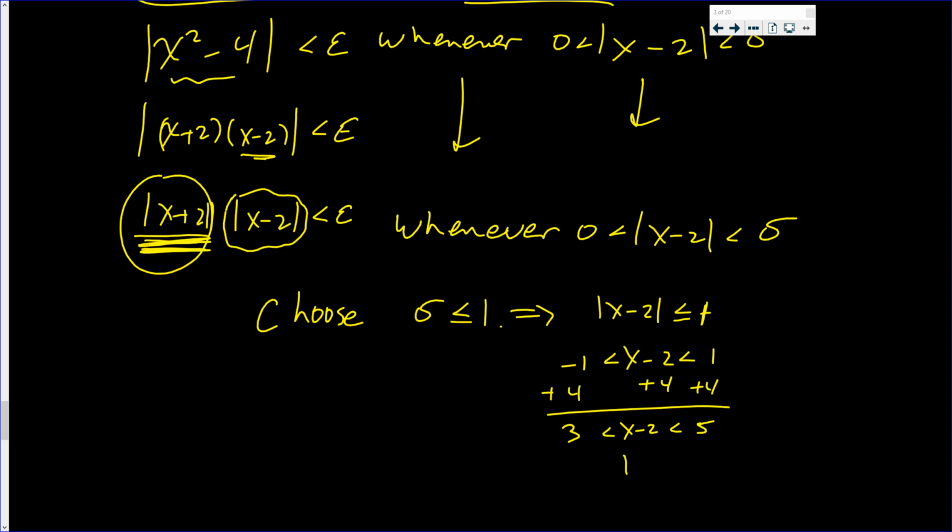So what is the absolute value of x plus 2 less than? Well, if you have numbers between 3 and 5, what's the largest absolute value you'll get? 5.